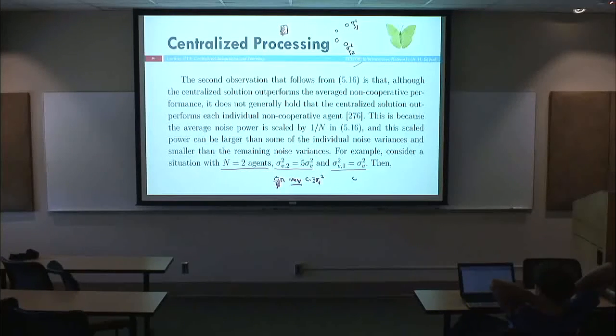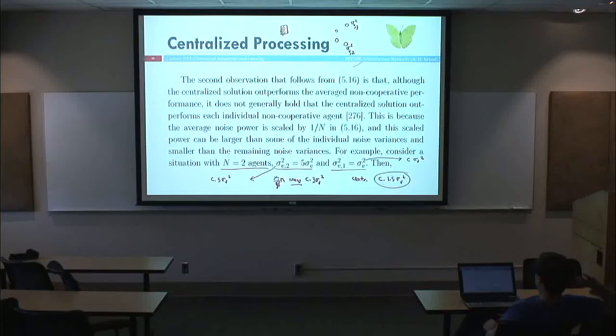What about the centralized solution? It will be the same constant, but divided by 2. So you will get 1.5 sigma v squared. This is the centralized solution. What about this individual agent on its own? You will get the same constant times sigma v squared. And what about the other individual agent on its own? You will get the constant times 5 sigma v squared.